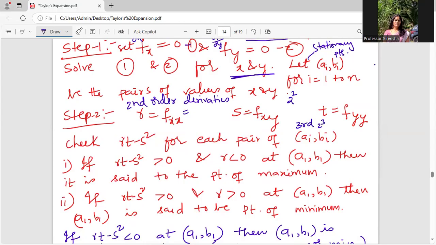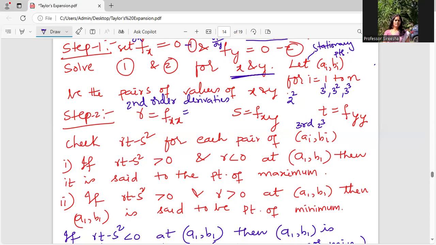Suppose I have a function in three variables, then first order derivatives will be 3 power 1, second order derivatives will be 3 power 2, which is 9, and third order derivatives will be 3 power 3, which is 27. So similarly here I'll be having 4.